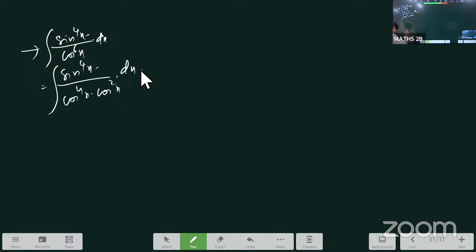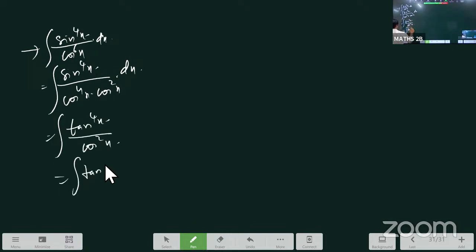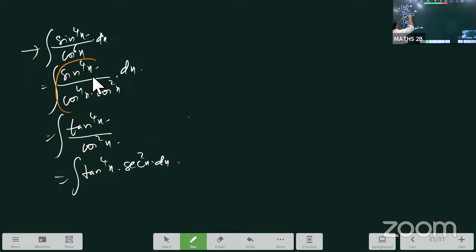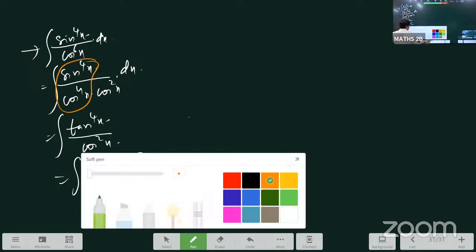Cos power 6 you write as cos power 4 into cos square. Sin power 4 by cos power 4 is tan power 4x, and let it be cos square x as well. Now tan power 4x, 1 by cos square is secant square x dx. You take it as tan power 4, and 1 by cos square as secant square.